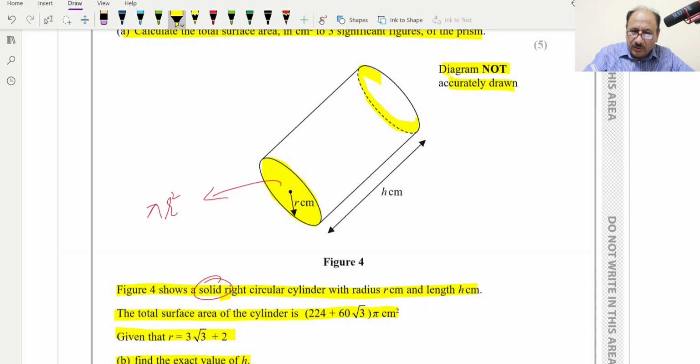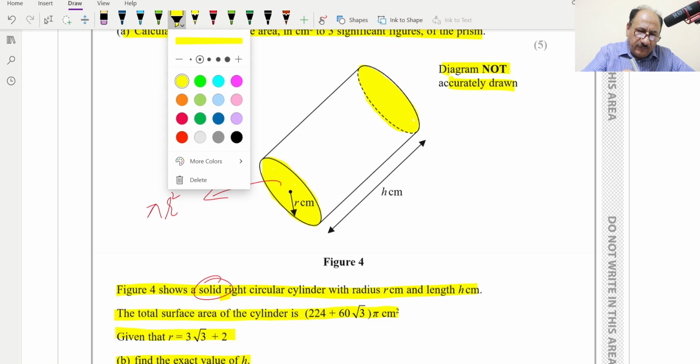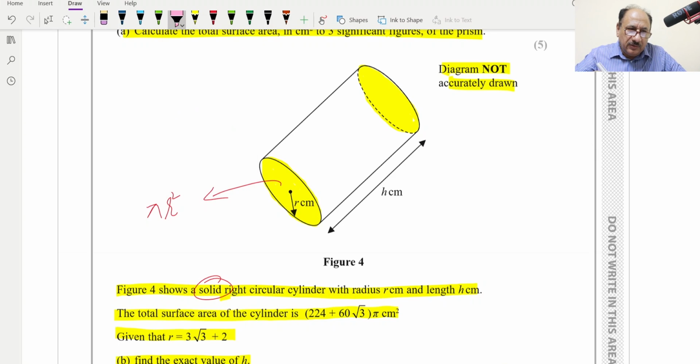And r is provided, and we can find these two circular sides. First we will find the circular side, then we will discuss the other part also.